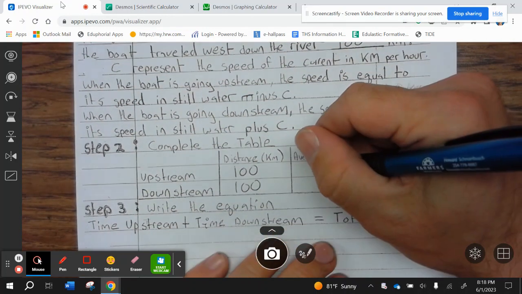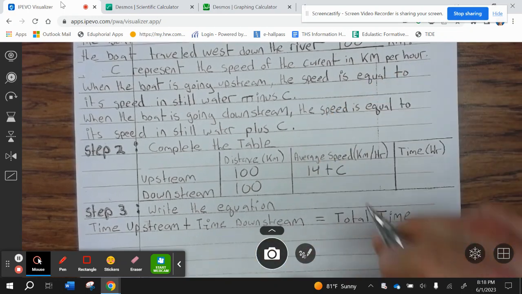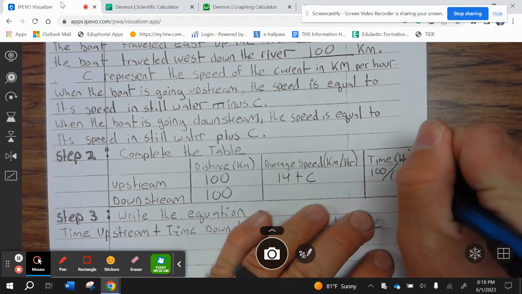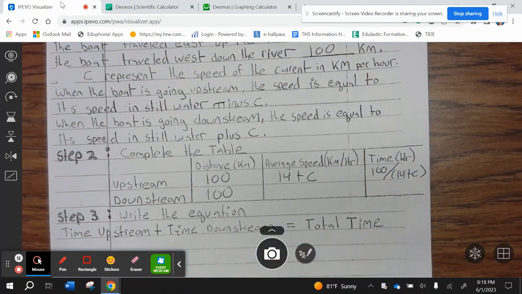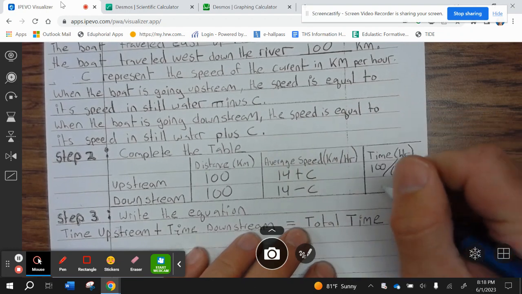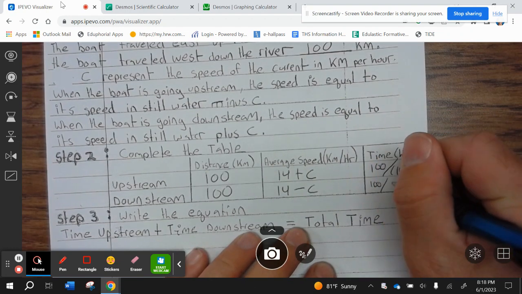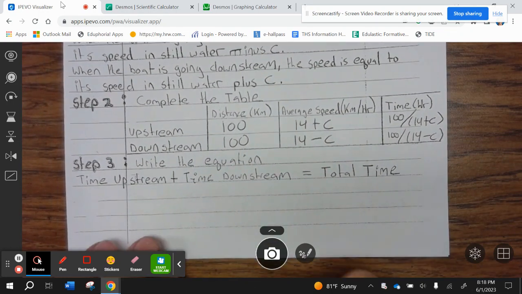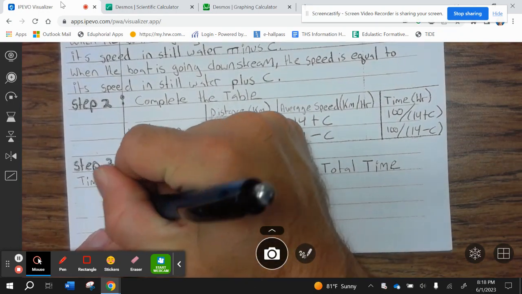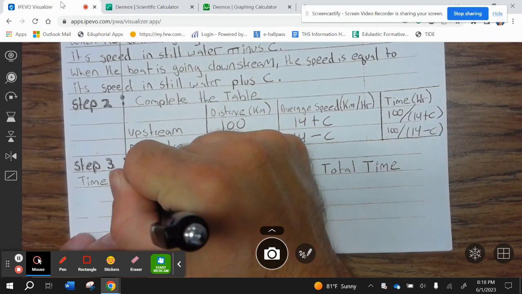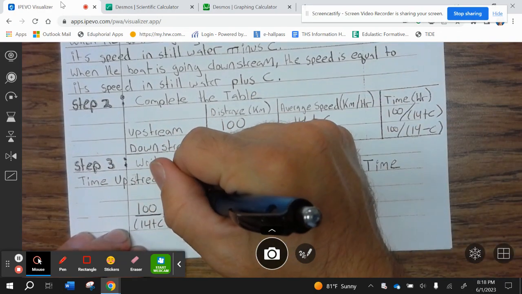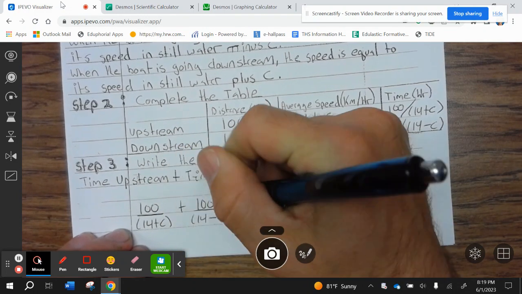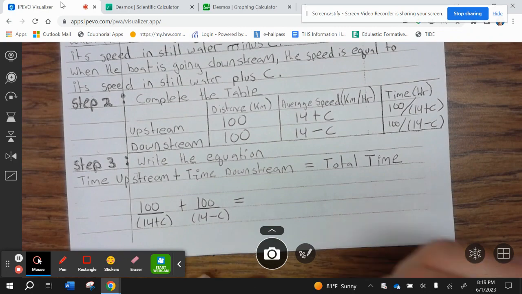Now upstream is 14 plus C, so that's 100 divided by 14 plus C, and then downstream is 14 minus C. Okay, so your equation is 100 divided by 14 plus C plus 100 divided by 14 minus C equals 14.5.